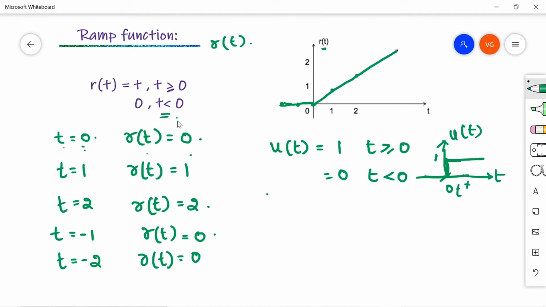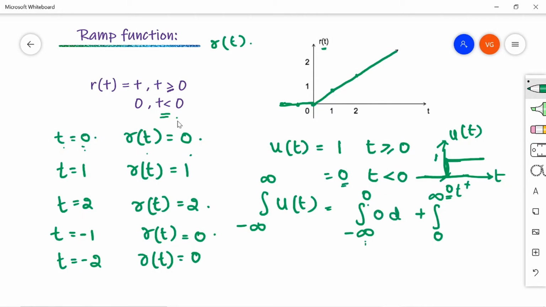Now, if you integrate u of t from minus infinity to infinity, we'll see what happens. As it is discontinued at t is equal to 0, I am taking minus infinity to 0 one integral and 0 to infinity as another integral. So what is the value of u of t from minus infinity to 0? It is 0. So 0 dt.